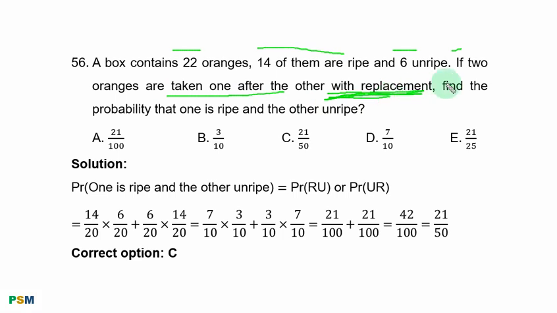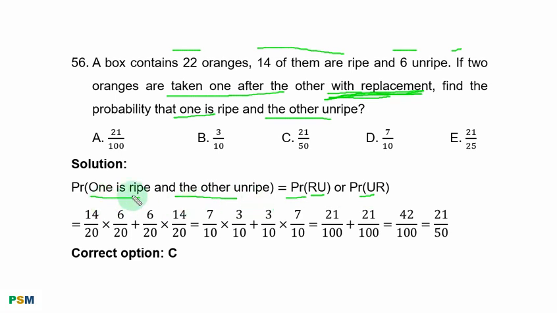Find the probability that one is ripe and the other unripe. Solution: probability one is ripe and the other unripe is equal to probability first ripe, second unripe, 2 oranges are taken one after the other, or the first unripe, the second is ripe.